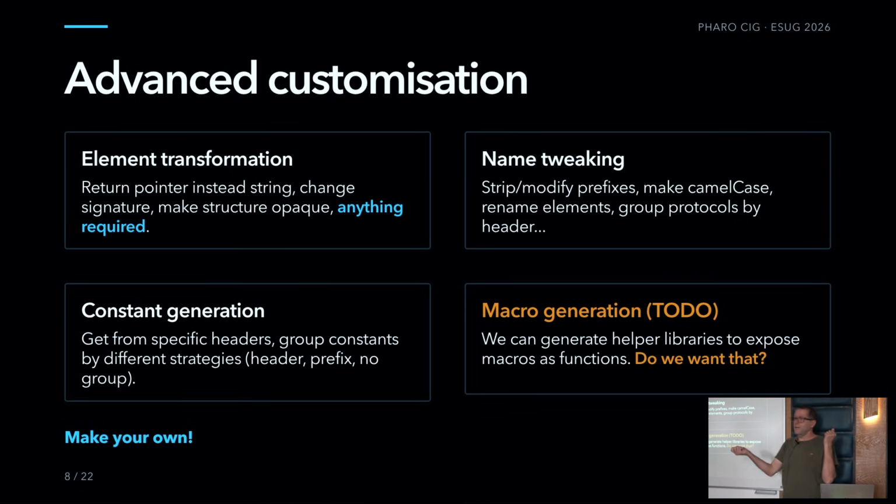But if you declare it as char pointer, Pharo will answer you a string. And the string, how do you dispose of a string? So there you will have a leak. So you have to say, okay, instead of the string, give me a pointer so I can read the string and dispose of it manually. A lot of different small tweaks that you need to do to correctly parse and read the library.